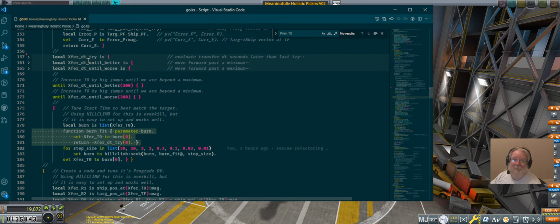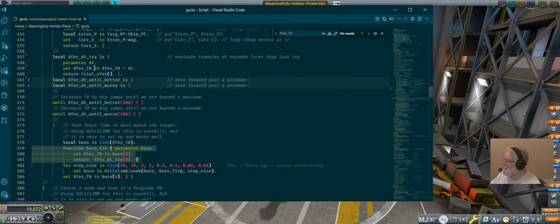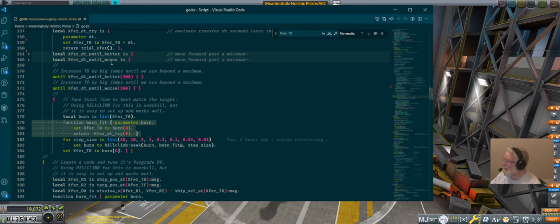I forgot about that. I can't eliminate this because this logic I need to actually execute. No, I don't, because I'm passing in a 0, so this is setting T0 to T0. We're just calling trial xfer. So how about I just directly call trial xfer here.